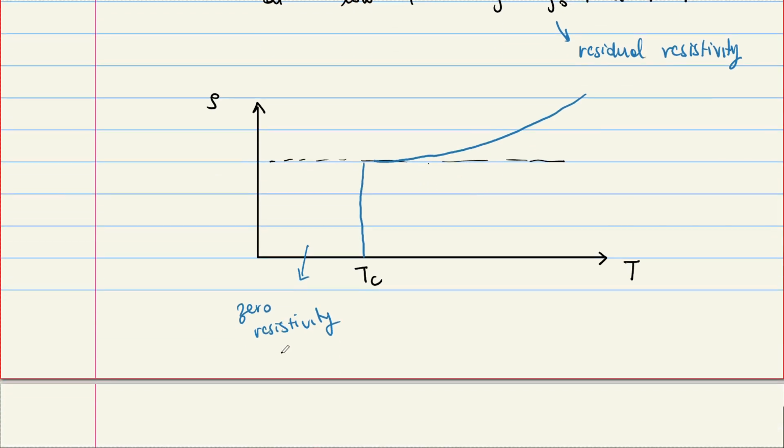Kamerlingh-Onnes did this with other substances, but the one that gave the cleanest result was mercury, and he found this at Tc about, I think, 4 Kelvin. And this was the first experimental observation of superconductivity. And I think this is 1911.